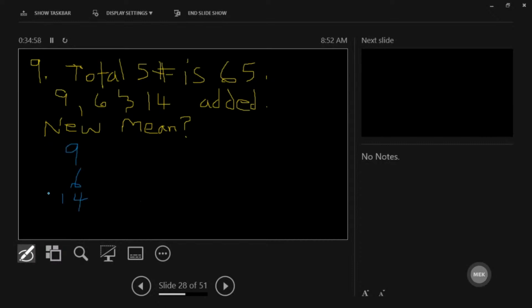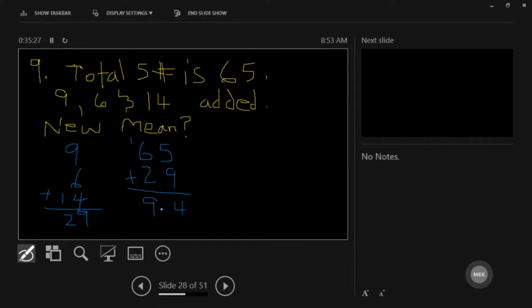When we add those, we get 29. So the total is going to change. The total is now 94. And how many numbers are there now? It's no longer 5 numbers. We added 3 more numbers. It's 8 numbers now.